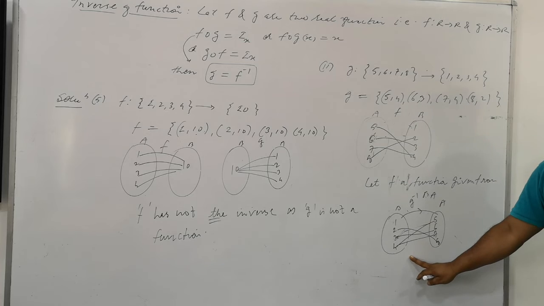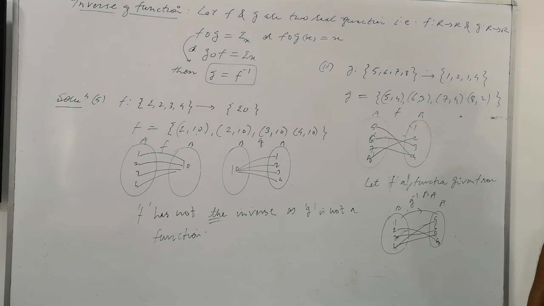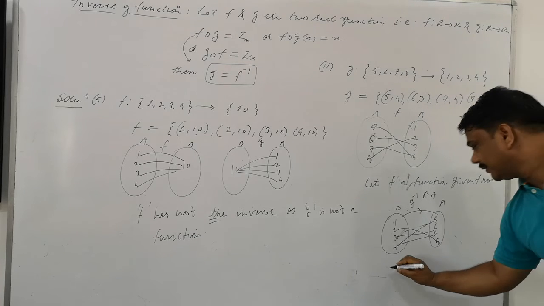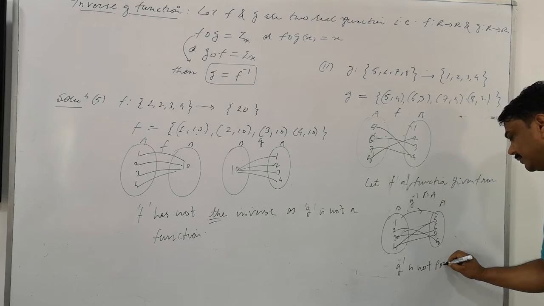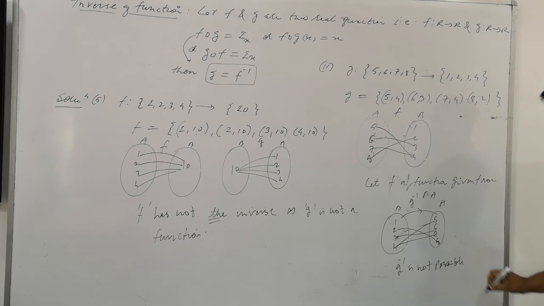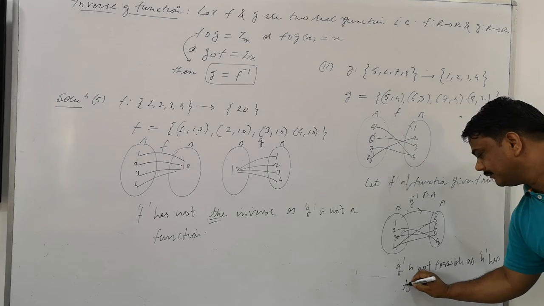Is this function possible? No, because 4 has two images. So you will write G inverse is not possible. Why? As 4 has two images.